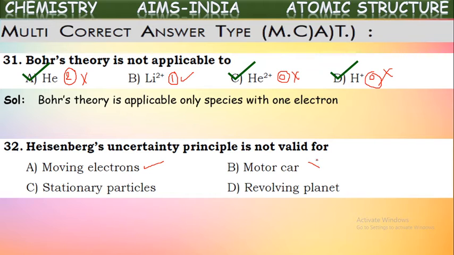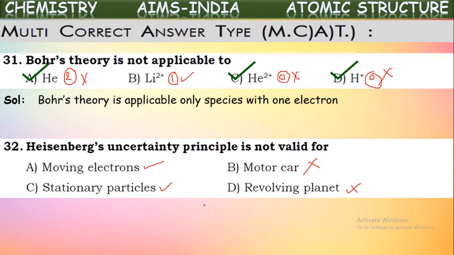Motor car. For these kind of heavy particles, this principle is not applicable. And for the particles in the stationary position, which are not moving, this principle is also not applicable. And even for a revolving planet, a heavy particle, this principle is not applicable.